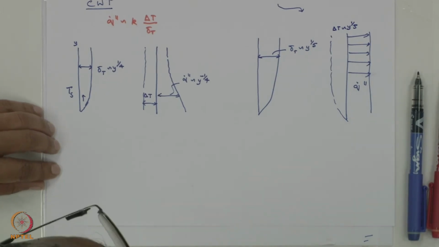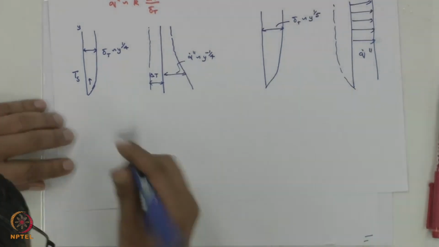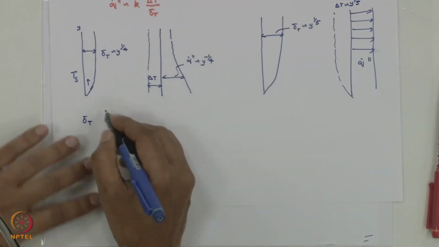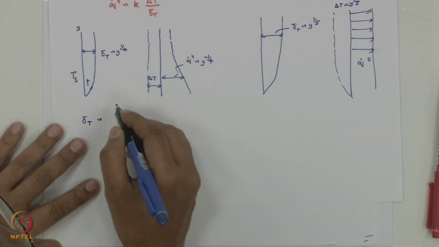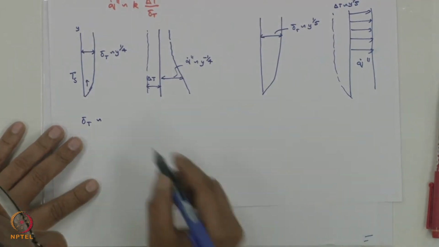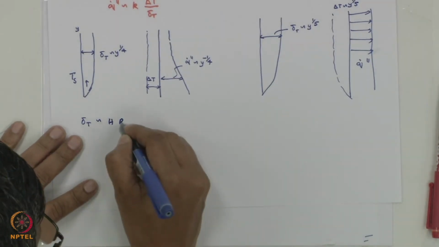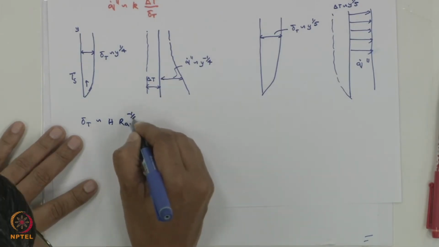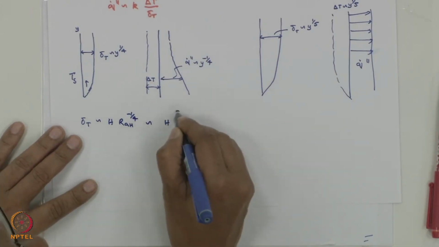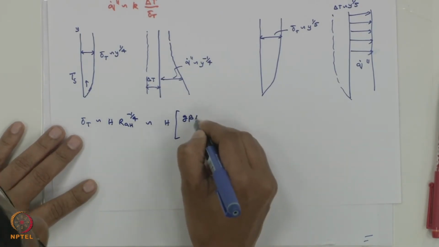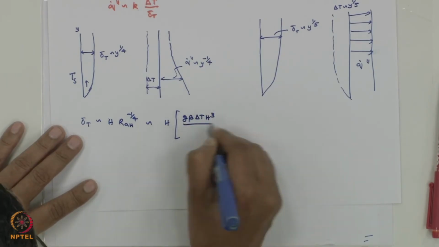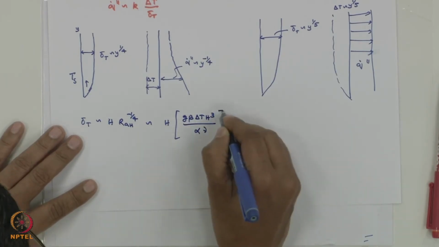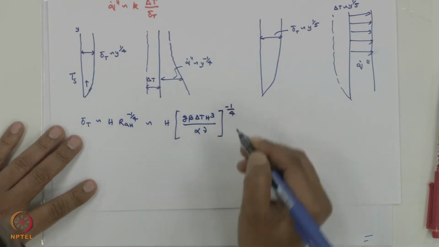You have delta T for constant heat flux. Delta T is of the order of H Ra H to the power of minus 1 by 4. That is H G beta delta T H cube upon alpha nu to the power of minus 1 by 4.